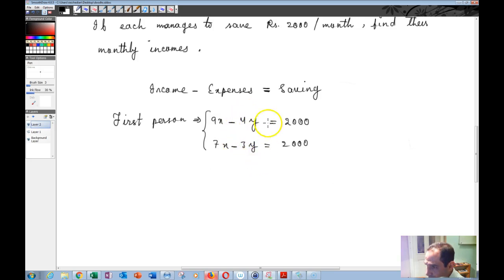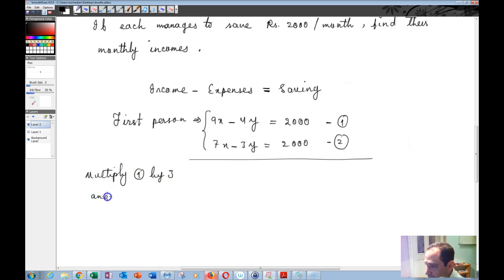If I want to eliminate my y's over here, I can call these equation number 1 and equation number 2, and multiply 1 by a factor of 3 and 2 by 4.